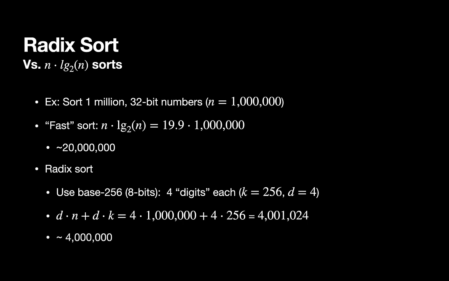You can see that these two types of sorts are roughly on the same order of magnitude. It looks like the comparison sort may do a few times more work, but without further analysis, we can't clearly say that one is better than another, although radix sort at least looks promising and competitive. We could try out a few other examples and show places where radix sort would clearly have the lead over a comparison-based sort.